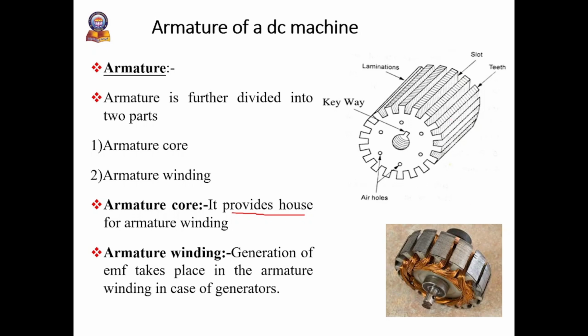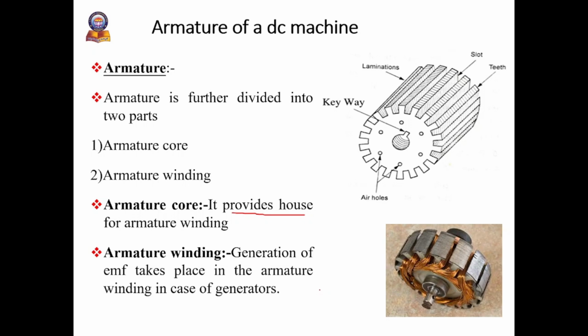Then coming to the armature winding, if you see in the second figure, the winding is placed here. You can observe that it is the interconnection of the windings placed in the slots. When the armature is rotated, flux cutting action takes place and EMF gets induced in the conductor. That is done in the armature itself.